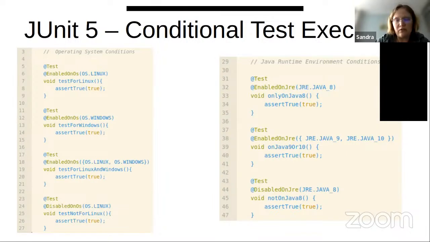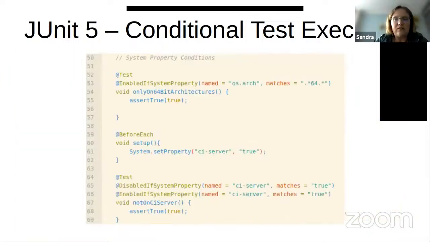The same is not only for operating systems, the same is for Java versions. Maybe you have some code that's specific for Java 8 or Java 10. So you can say enable it or disable it on a specific Java environment. The next one is that sometimes you need conditions based on system properties.